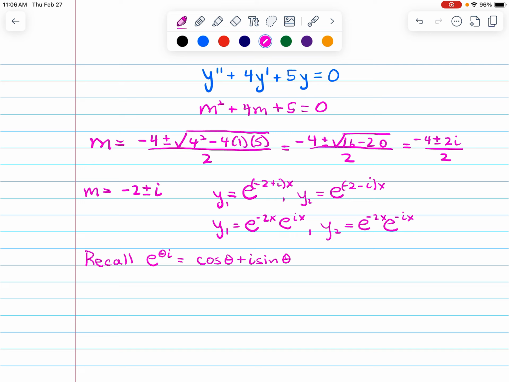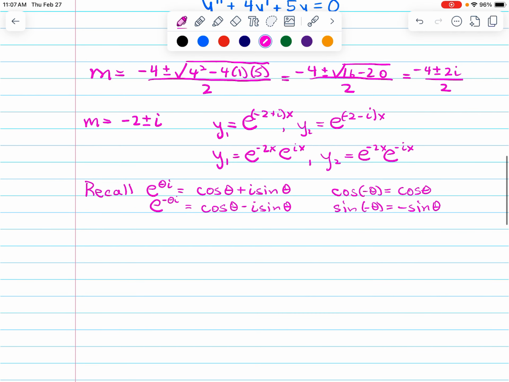Also, note that e to the negative theta i is going to be cosine theta minus i sine theta. And the reason for that is that the cosine of negative theta is equal to cosine theta because it's an even function, and the sine of negative theta is equal to negative sine theta because it's an odd function.